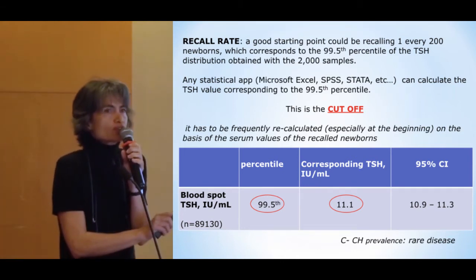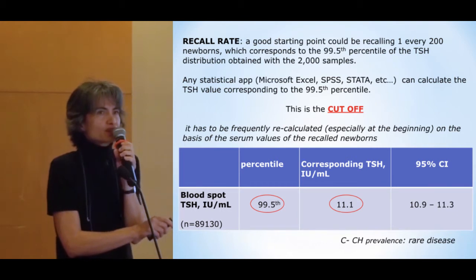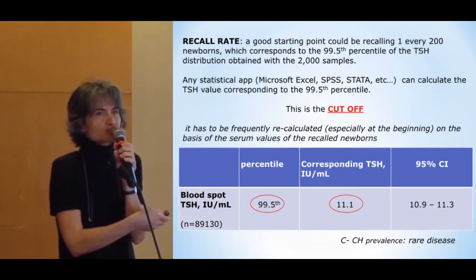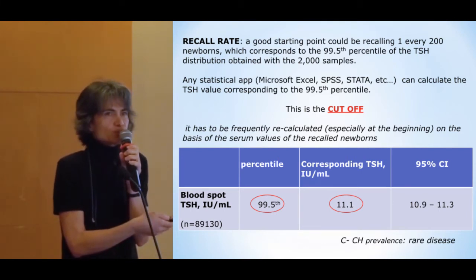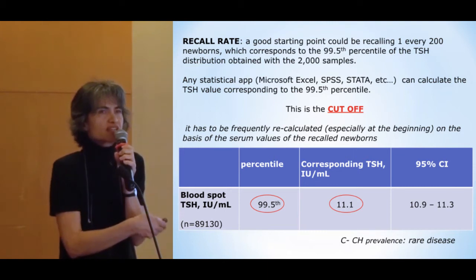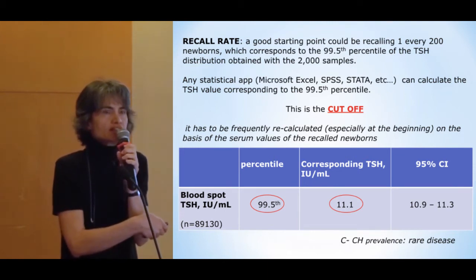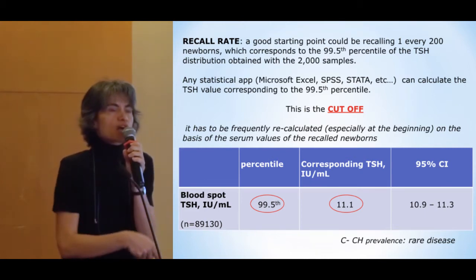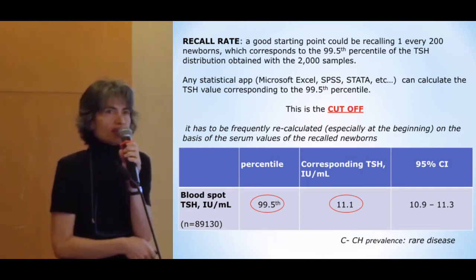Is that clear for everyone? And just make sure this is clear, okay? Because what comes afterwards is kind of easy and straightforward, because any application that you use, like Excel or SPSS or Stata, gives the 99.5th percentile of your 2,000 samples, okay?